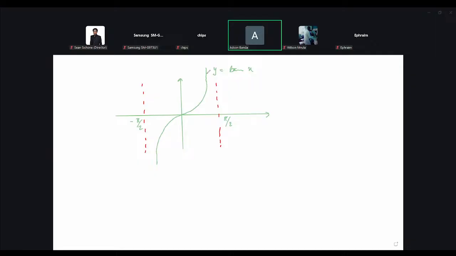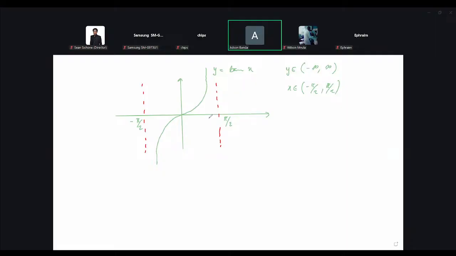You can see that the range of this function is minus infinity to infinity, so y is in that range, and x belongs to minus pi by 2 to pi by 2. That is how we restrict this function for it to be able to have the inverse.